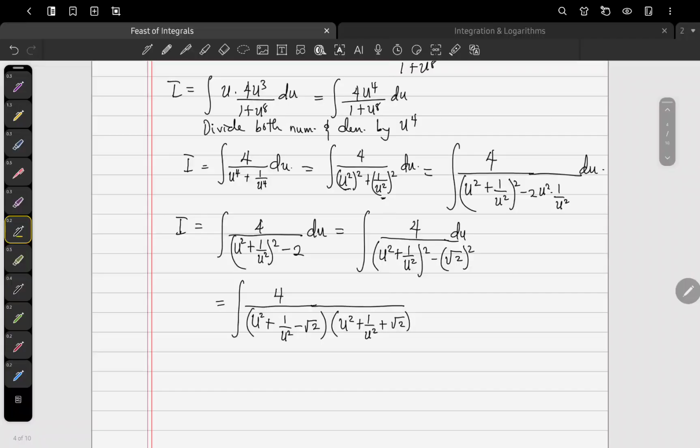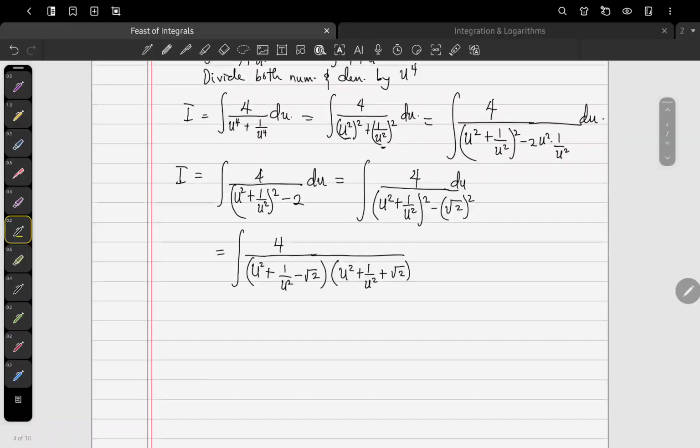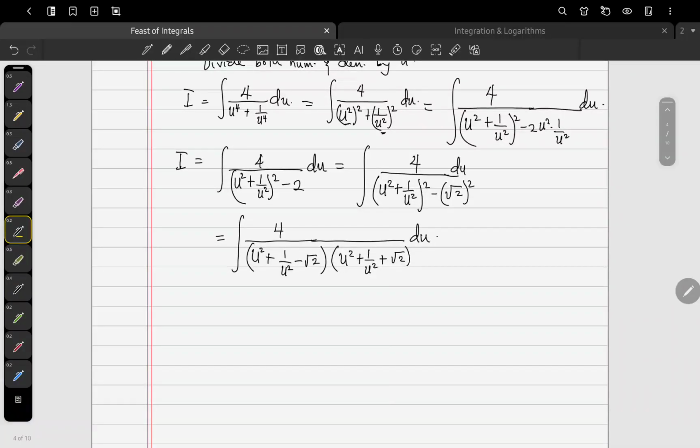So you recall, maybe you already know that x squared minus y squared is equal to x minus y, x plus y. That is the fact that I've used there. du.